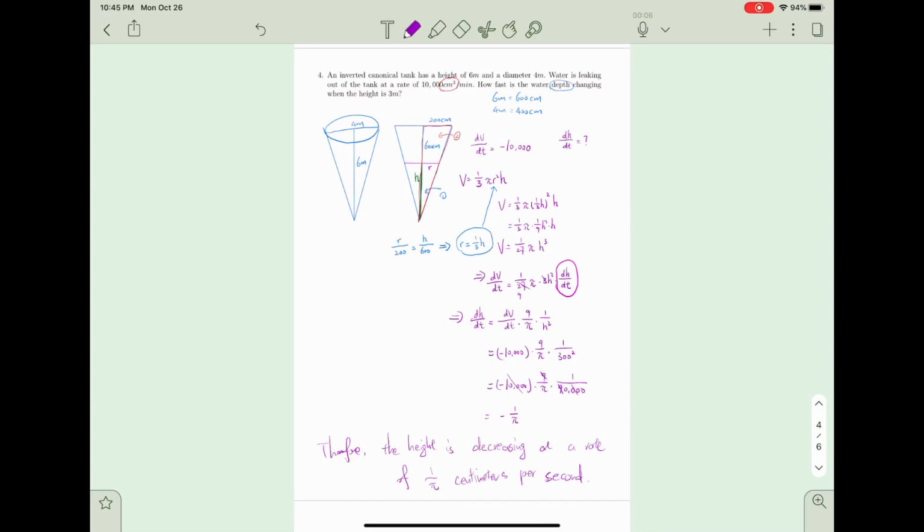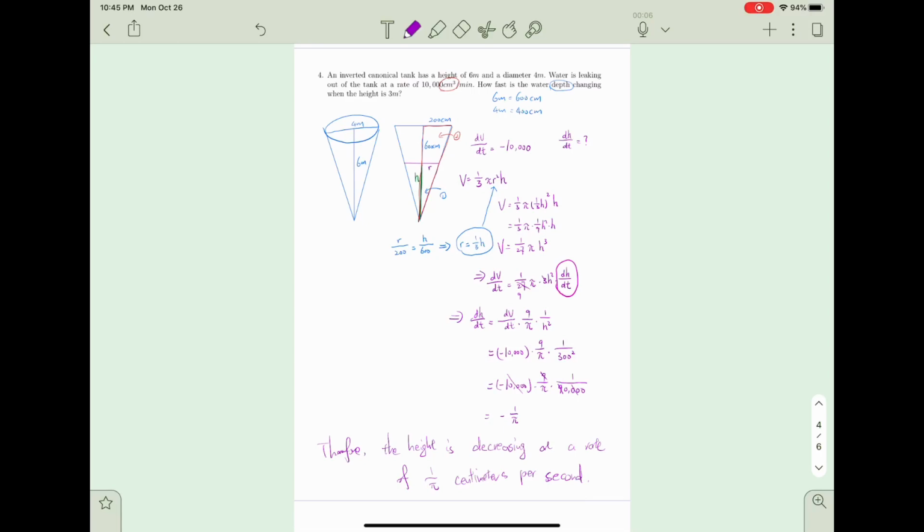So if we compare this question to the previous question, we have one more step, which is eliminating one of the variables, and we also need to make use of the similar triangles. But you see that the process is basically the same. You use the diagram, the setup, and some formula to establish the relation between two variables, in this case V and h.